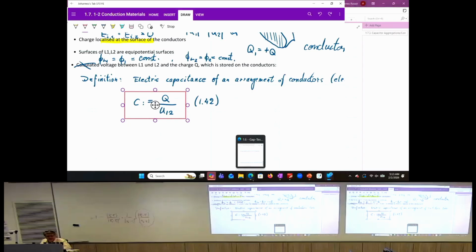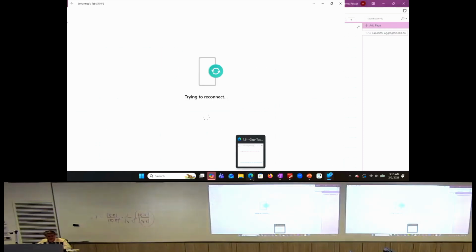And this capacitance is basically a function of your geometry. If you increase the voltage even further, then you will accordingly get more charge on these two conductors. And this relation voltage to charge is captured in this electric capacitance.